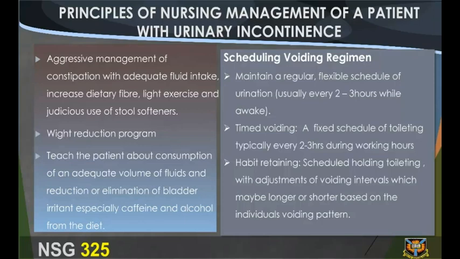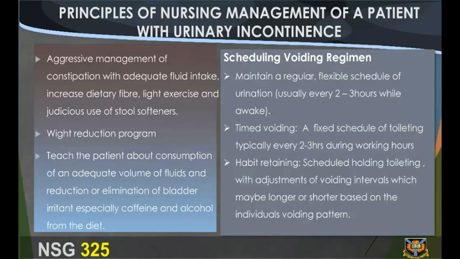Scheduling voiding regimen. Maintain a regular flexible schedule of urination, usually 2 to 3 hours while awake. Timed voiding, a fixed schedule of toileting, typically every 2 to 3 hours during working hours.